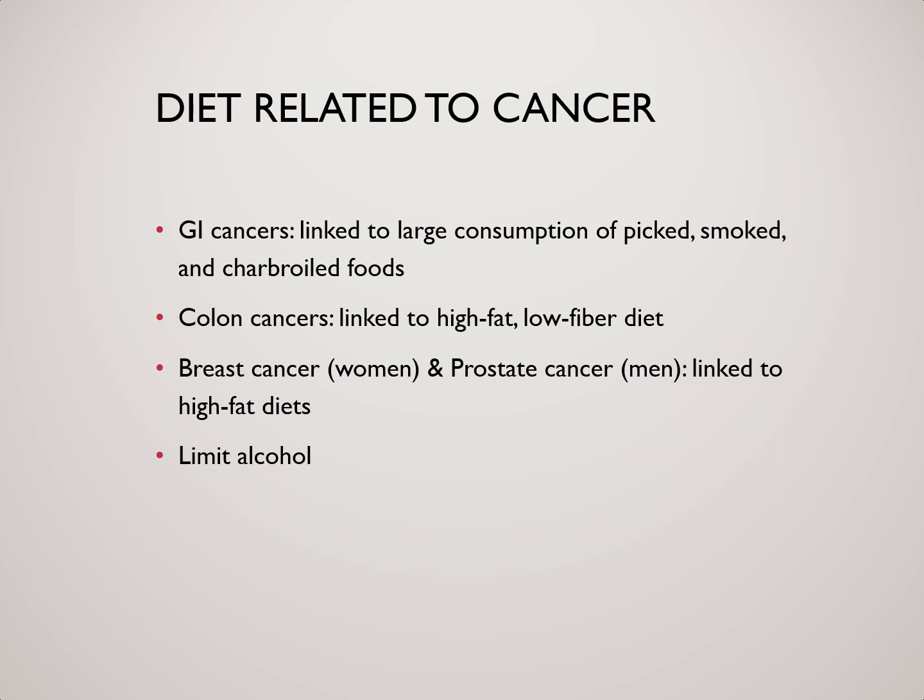GI cancers are linked to large consumption of pickled, smoked, and charboiled foods. Colon cancers are linked to high fat or low fiber diet. Your breast and prostate cancers are linked to high fat diets. And you want to limit alcohol as well, since that is a risk factor for cancer development.